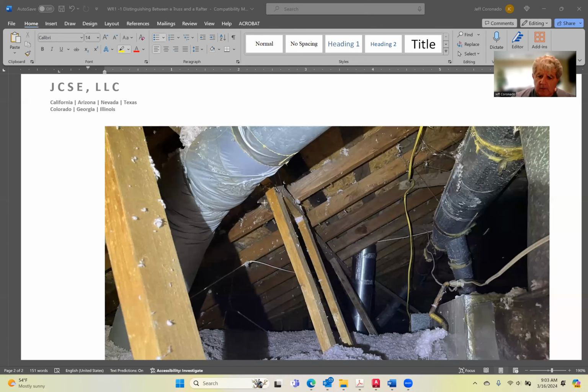So we agree that we have a rafter, right? We have a rafter. What we can't exactly see is the connection at the bottom of the rafter, but we know we have a rafter.